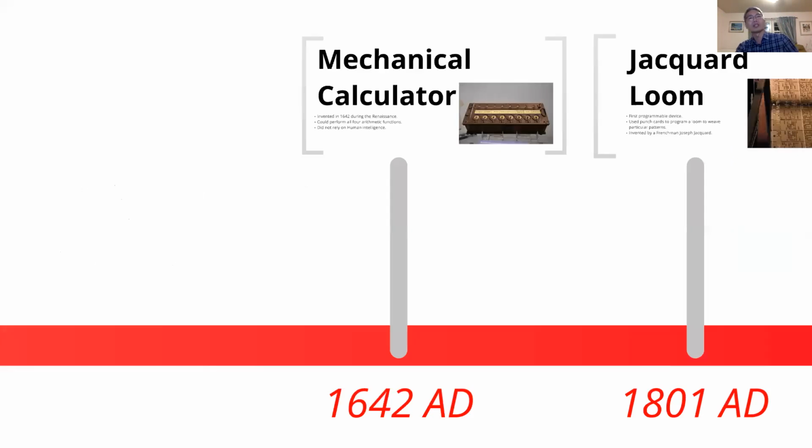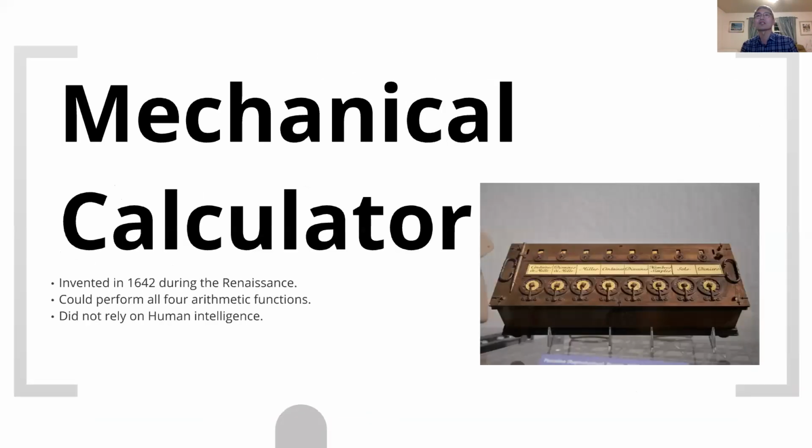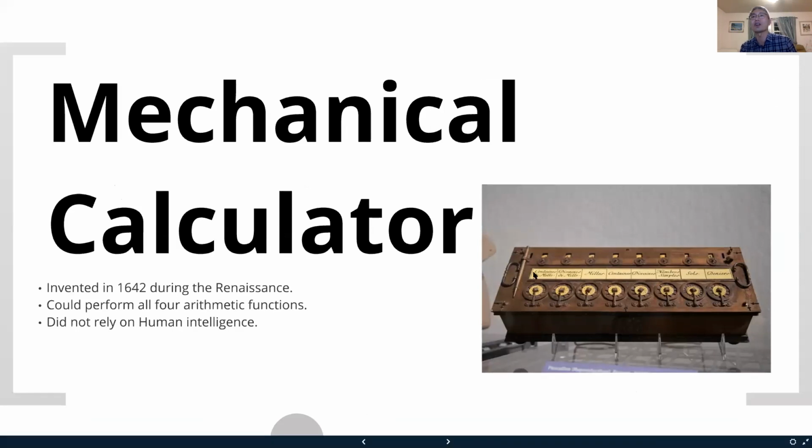Then jump to the 17th century. Finally, we have the calculator. Calculator means calculating plus, minus, multiply, and division. Those operations are calculated automatically. Let's see how they do it. You can see the digit numbers over here.